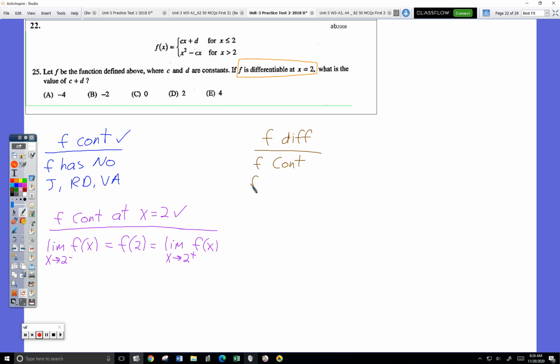And then f has no corners or vertical tangents. So the key thing there is you never check for differentiability until you've already checked for continuity, because there's no sense checking for differentiability if the function's not continuous.